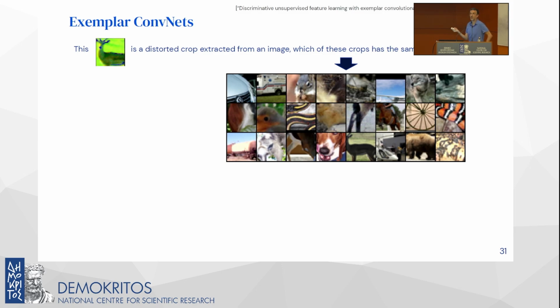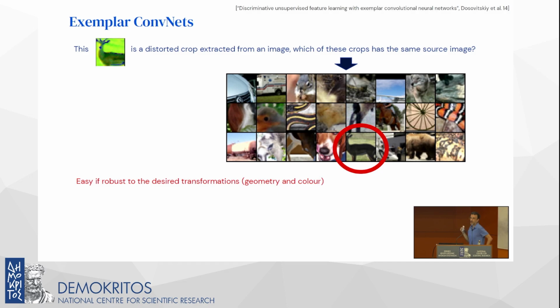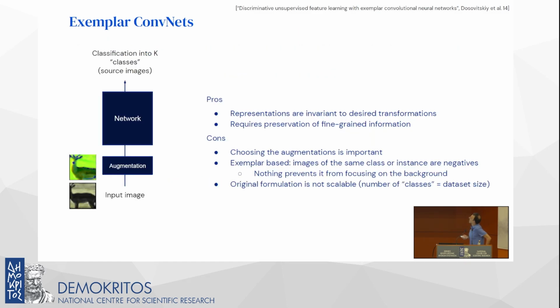And now you ask the following question. Can you tell me where this image came from? Meaning, what was the training sample it came from? Instance classification problem. And the idea in this case is the following. The representation that we're going to learn will be invariant to these augmentations that don't change the semantic meaning of our data, which is something that we would like to have.